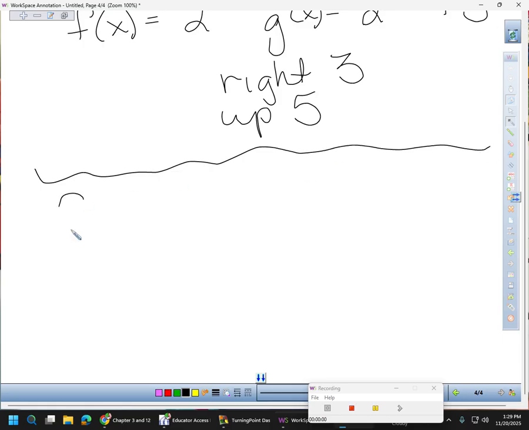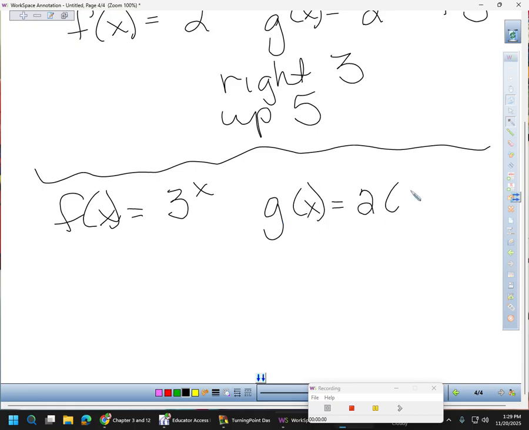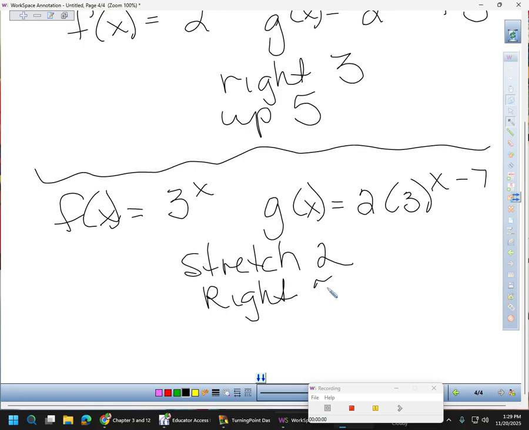Let's say my f of x is 3 to the x, and my g of x is 2 times 3 to the x minus 7. Stretch 2, because that's the a value. And then what? Right 7. That's it.